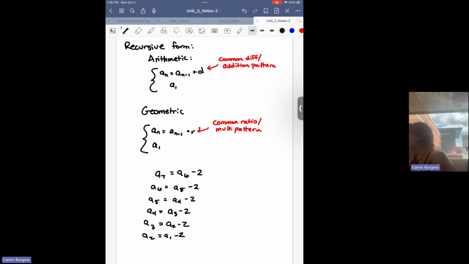So while this does a very good job at defining our sequence, it does not do it in a very efficient manner. It doesn't let us just jump from one step to our final step. It requires us to know every single piece along the way.